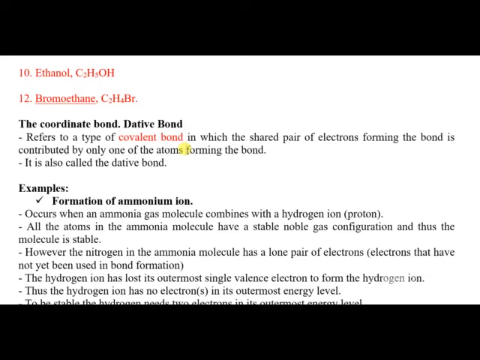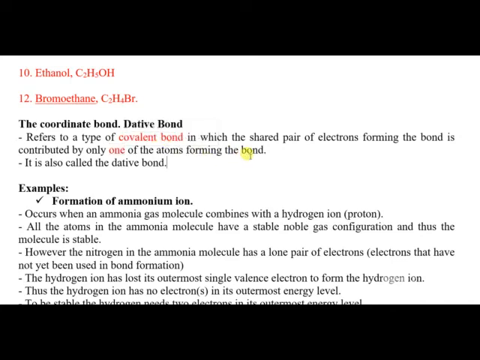So if it is a type of covalent bond, first they will share electrons. They will share up to a point when the other atom fails to have enough electrons to be shared. Therefore, another one which contains more electrons will just donate the 2 electrons to be shared. So this is a type of covalent bond in which the shared pair of electrons forming the bond is contributed by only one of the atoms forming the bond.